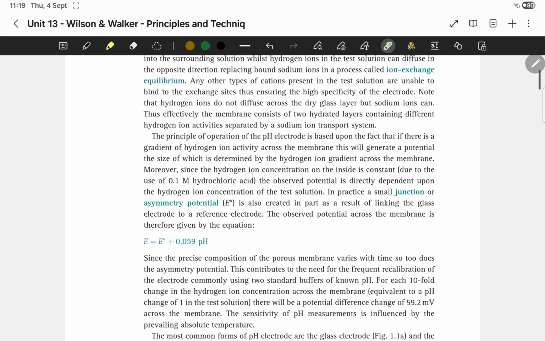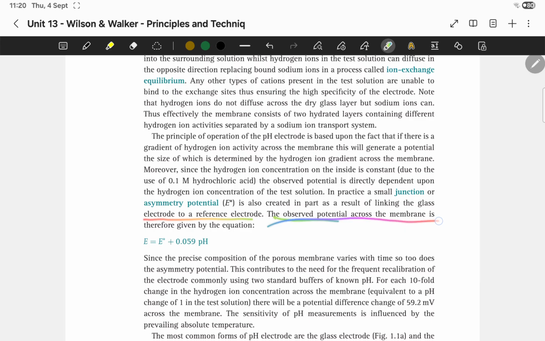Moreover, since the hydrogen ion concentration on the inside is constant due to the use of 0.1 M hydrochloric acid, the observed potential is directly dependent on the hydrogen ion concentration in the test solution. In practice, a small junction or asymmetry potential is also created, in part as a result of linking the glass electrode to the reference electrode.